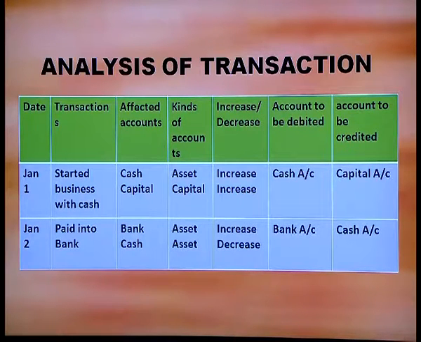Rule for asset account, when an asset is increasing, it is debited. Bank as an asset is increasing, so it is debited. Rule for asset account, when an asset is decreasing, it is credited. So cash is decreasing, it is credited. Bank account debit to cash.